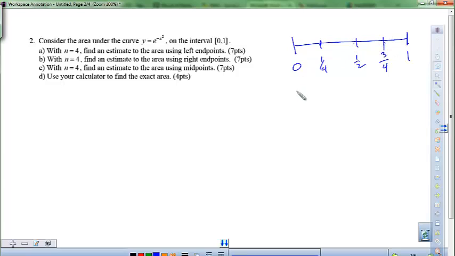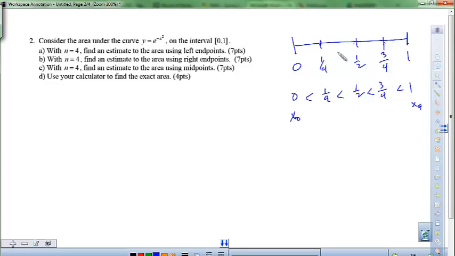So your partition is 0, 1/4, 1/2, 3/4, and 1, where this is usually referred to as x sub 0, and this is x sub 4, and then you have x sub 1, x sub 2, x sub 3 in between.